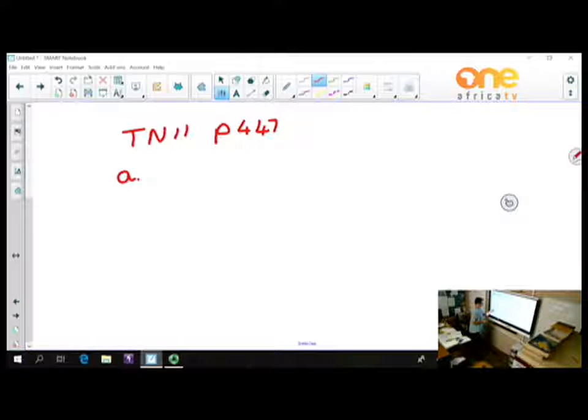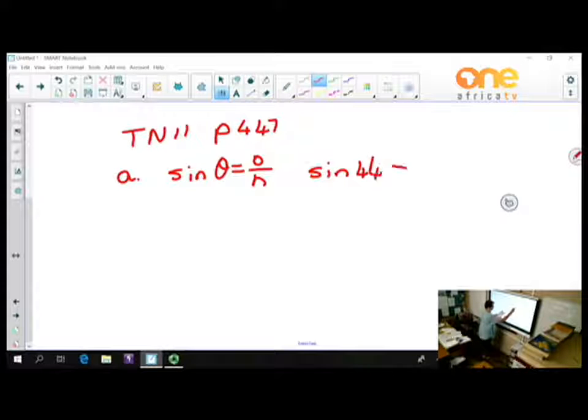So the first one, if you look there, I would say it is the sine function. Sine theta is opposite over hypotenuse. Then I substitute: sine 44 is equal to 7 over k. Now this time we want to find the hypotenuse. And now we're going to say bottom divide. So these two swap places.